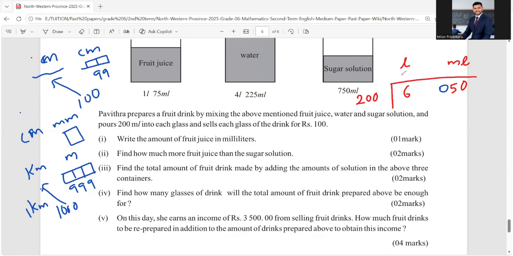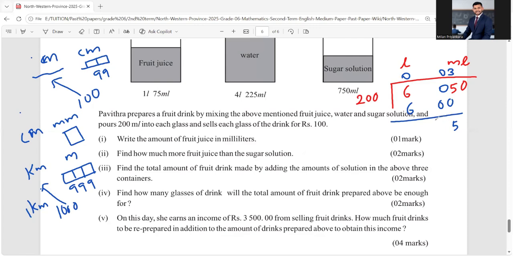For 6, you don't have any 200s, right? Then you write 0. For 60, you don't have any 200s. Then you write 0. For 605, you have 3 200s. 3 into 200 is equal to 600. Okay. Then you have 5 left here.